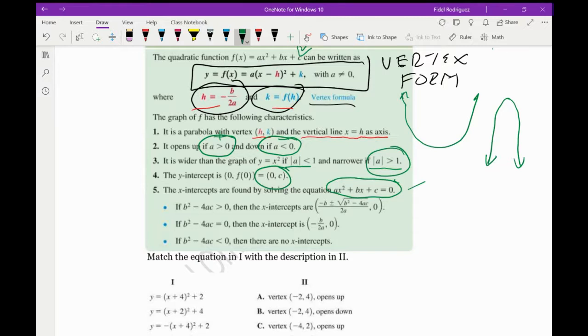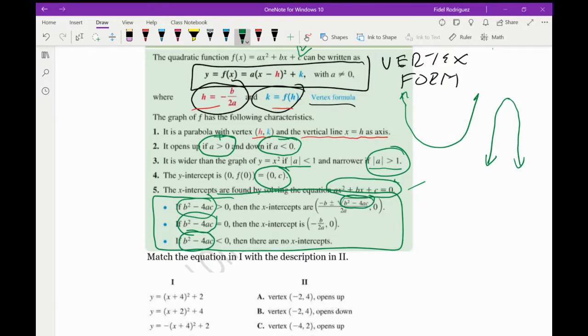Okay, then the next thing is this part right here. This piece of information is what we call the discriminant. If you remember from the quadratic formula, this number right here, guys, is the number on the inside of the square root.